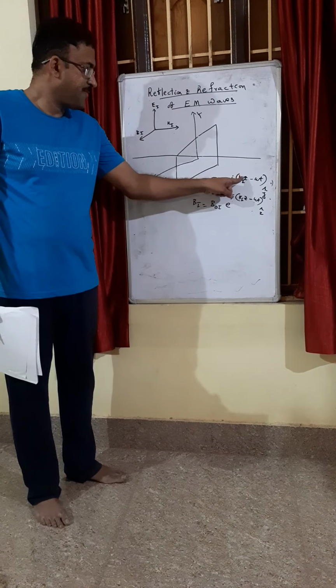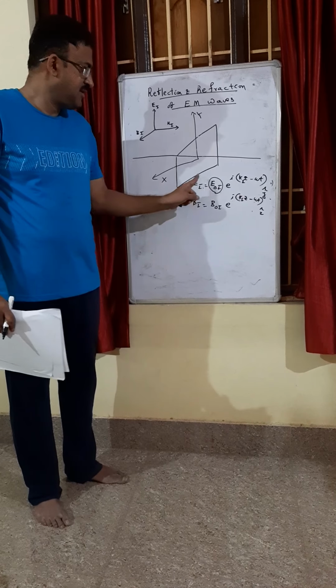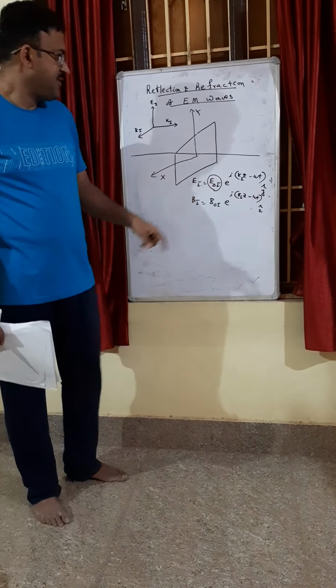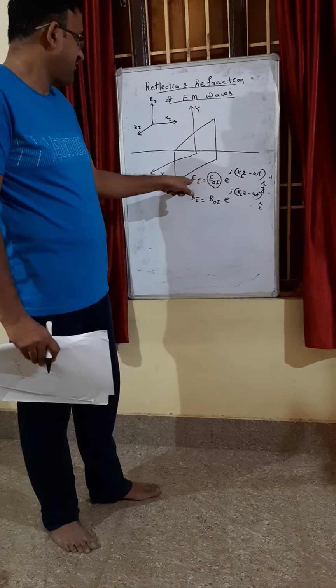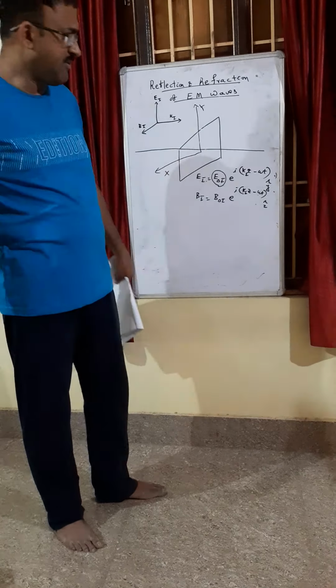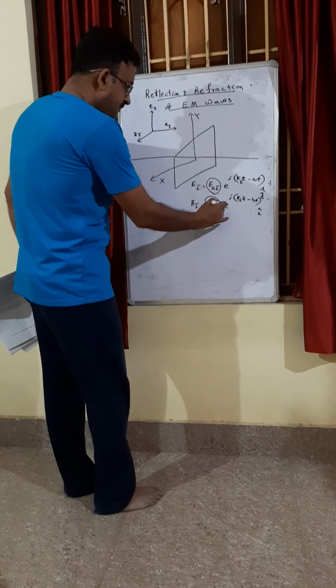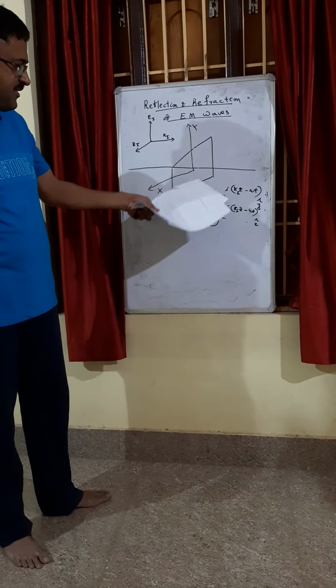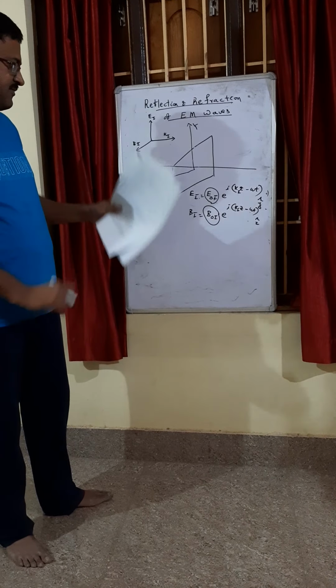So this gives the propagation of the electromagnetic wave, and j cap gives the direction of the electric field, and i cap gives the direction of the magnetic field, and these two represent the amplitudes of the electric field and magnetic field respectively.